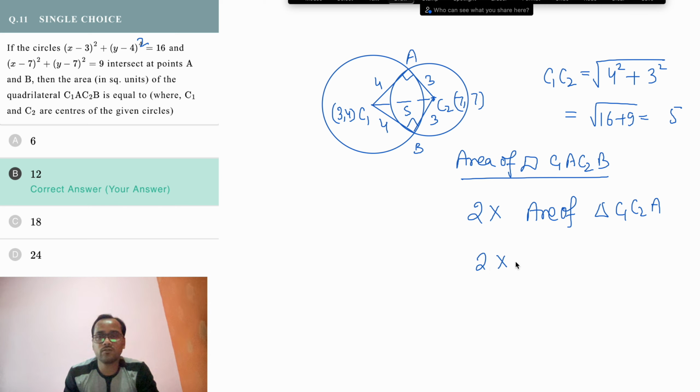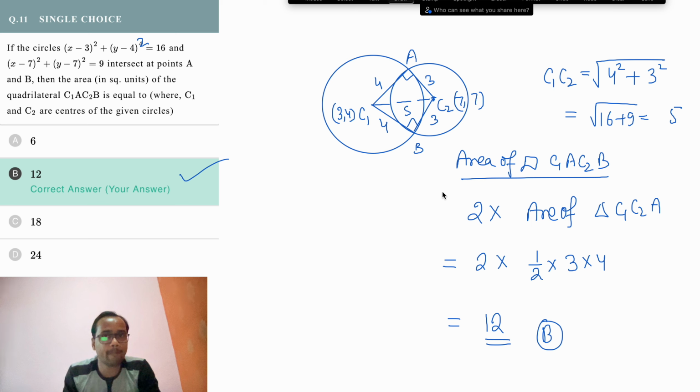So twice the area, which is half base into height, that is 3 into 4. So that would be coming out to be 12. So the answer for this question is option B. That's the right answer. I hope this should be clear.